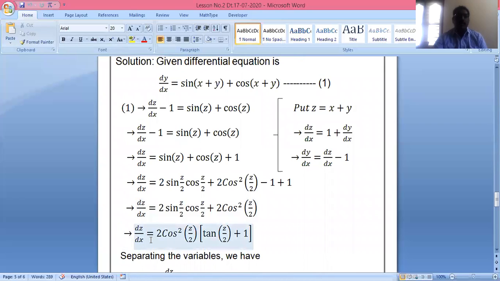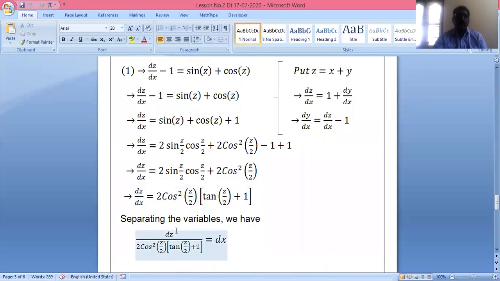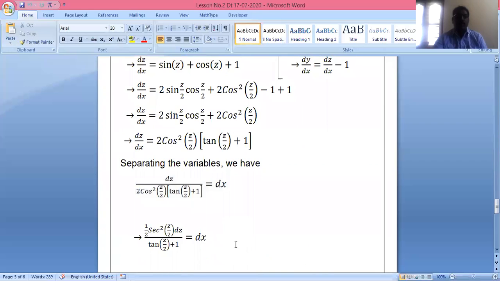dz/dx = 2cos²(z/2)[tan(z/2) + 1], by taking 2cos²(z/2) common. By separating the variables, we have dz/(2cos²(z/2)(tan(z/2) + 1)) = dx.